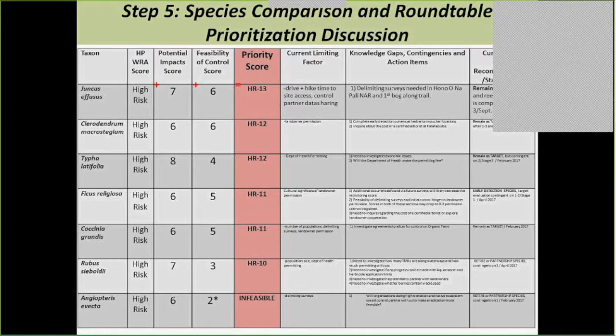The fastest was 4 hours, I think for the ivy gourd Coccinia grandis. And the longest one I ever did was 2 days for Ficus religiosa.